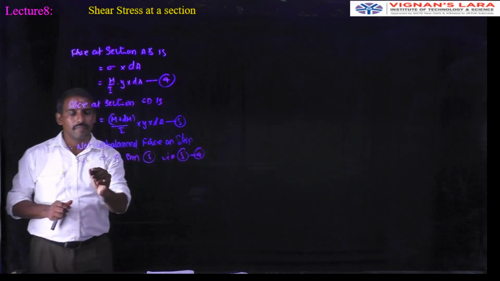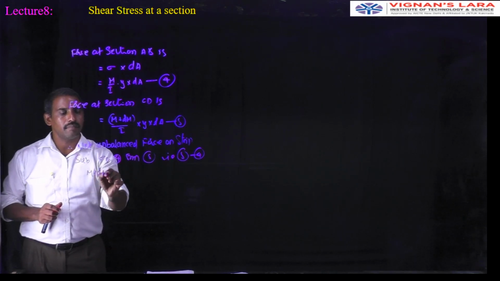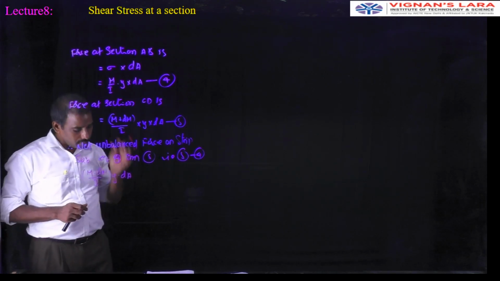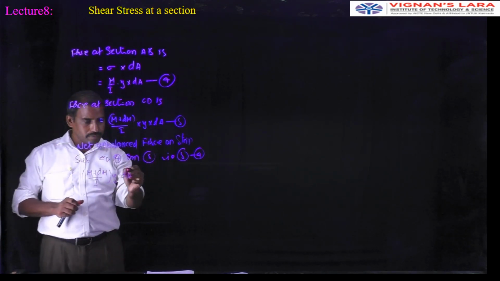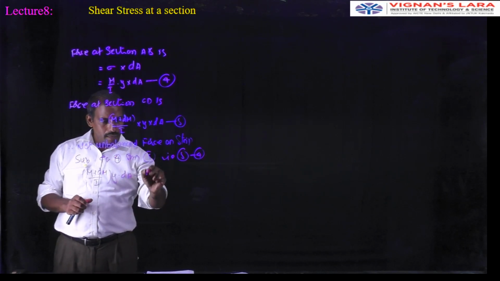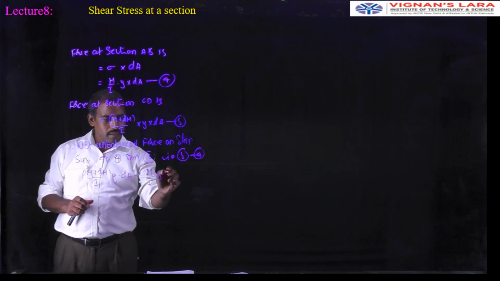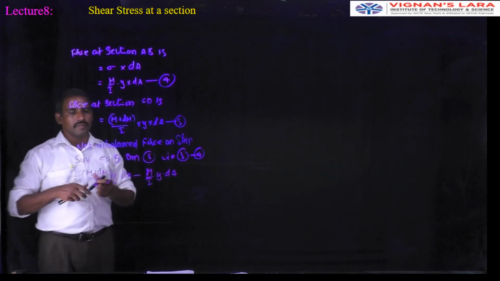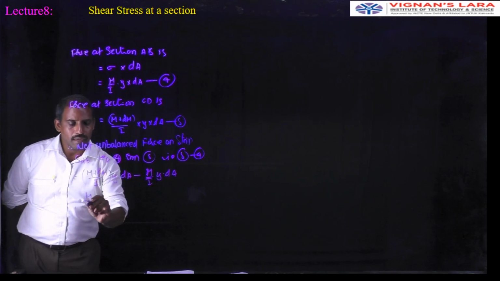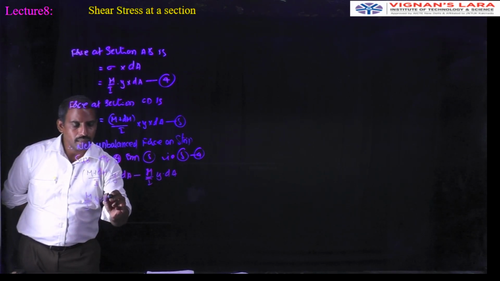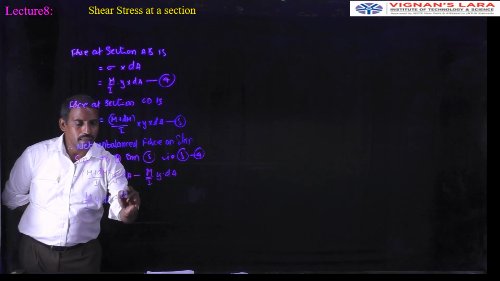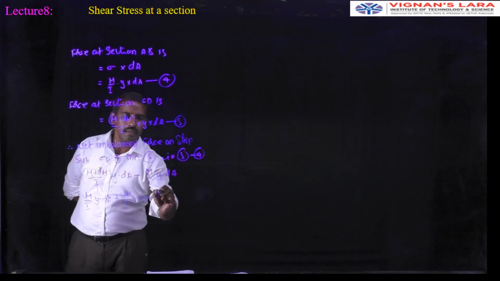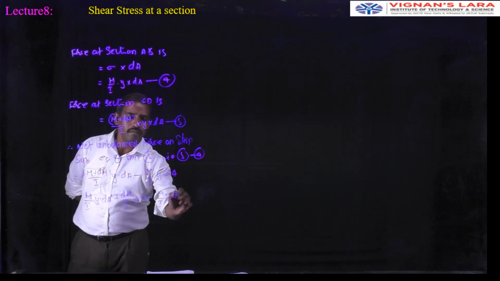So therefore, (M plus dM) by I into y into dA minus M by I into y into dA. Simply expand it. So M by I into y into dA plus dM by I into y into dA minus M by I into y into dA.